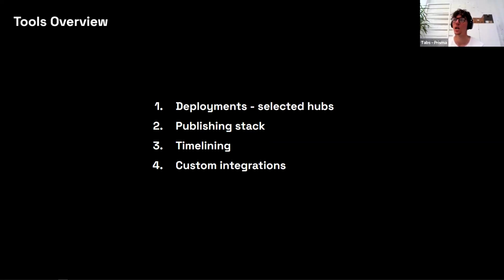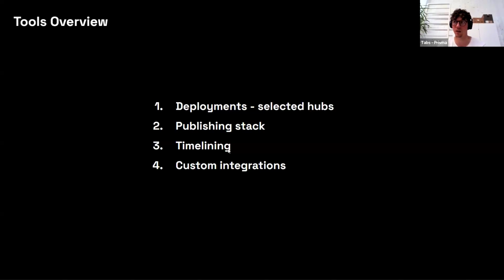But basically, we're going to be deploying to the hubs that we're facilitating with what we're calling a publishing stack. That's to enable you to publish your stories of the work that's happening on the ground. It's part of bringing really powerful showcases into the summit.